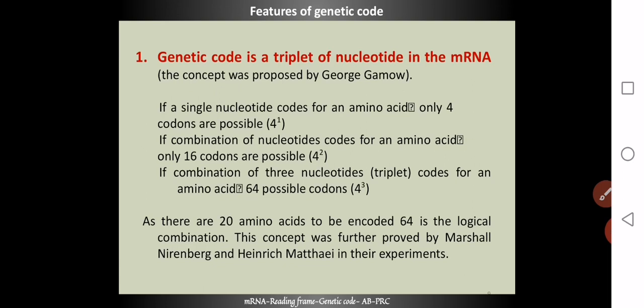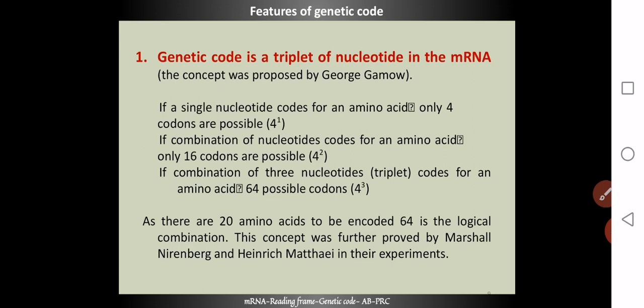If a single base codes for an amino acid, then what is the total number of amino acids possible in the protein? It is 4:1. That means one base codes for one amino acid. If it is so, we will have only 4 amino acids. So that is not a standing statement, and it's not a single base coding for an amino acid.